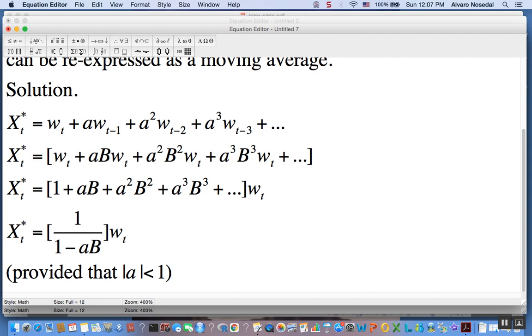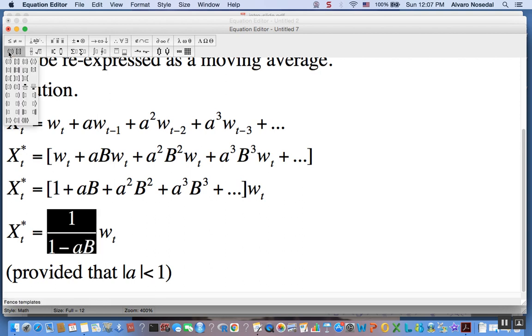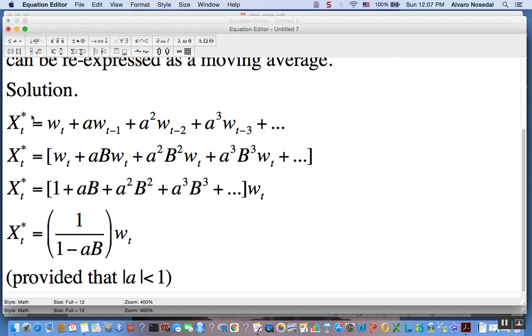Okay. Now, so we have this expression here. Okay? Let me make it look a bit nicer. So we know that our original time series xt star, which is an infinite sum of white noise terms, okay, is the same as just this 1 over 1 minus ab times wt, the white noise series.